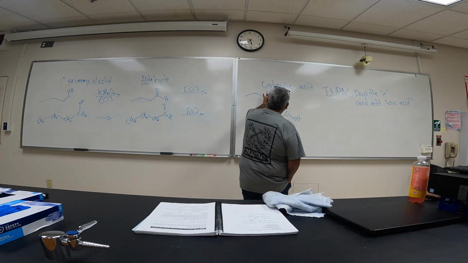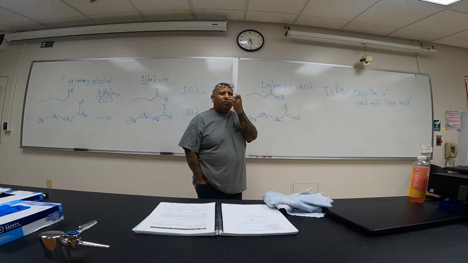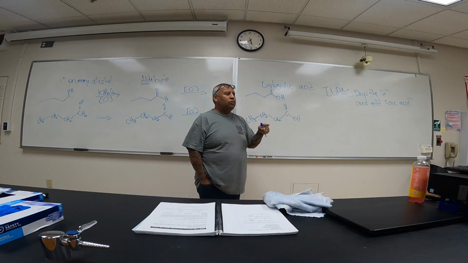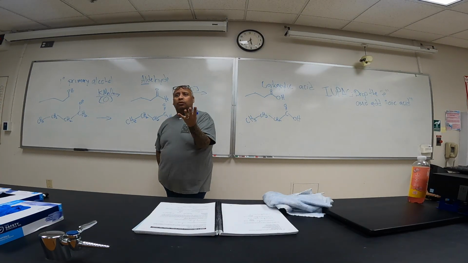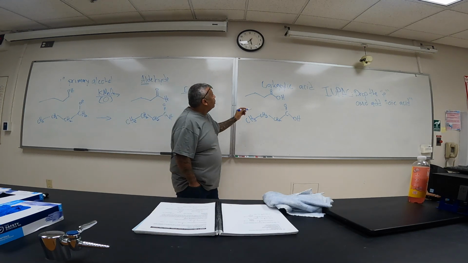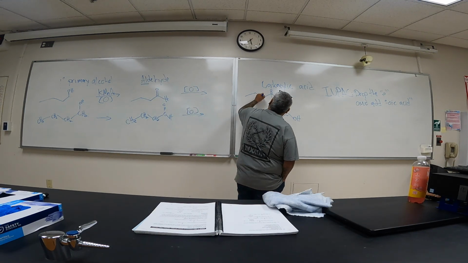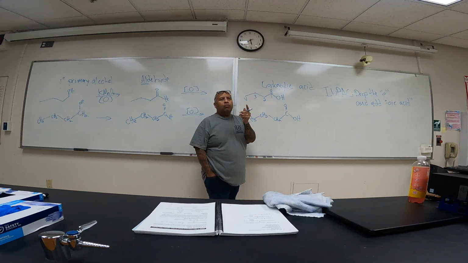So, just by looking at this structure here, and I said it in Chapter 7, we're not concerned with how many hydrogens we have, but how many carbons we have. Because to find the parent name, we change the alkane structure a little bit, and then we have to change the name. So if we count, this is carbon number 1, 2, 3, 4. In order to name this, I'm concerned with one thing.